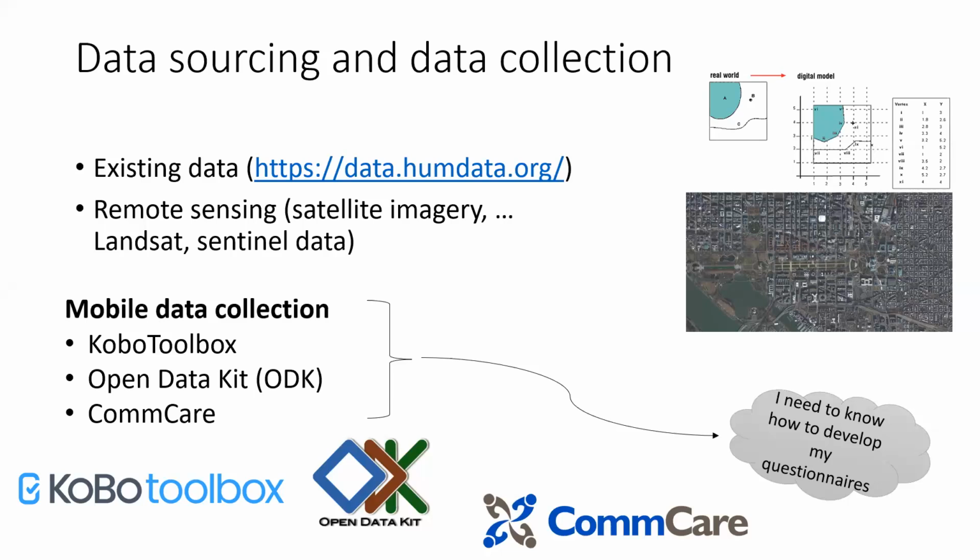Okay, I have my questionnaire. These are the questions I need to ask in the field. That's before I send maybe my enumerators to the field. So what happens in these tools here, the three of them, is you'll create your questionnaires from scratch. So you start by mentioning, what do I need?